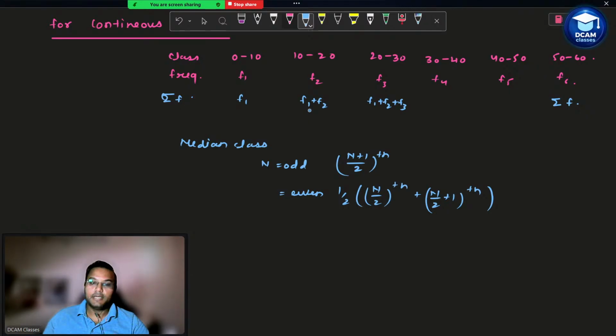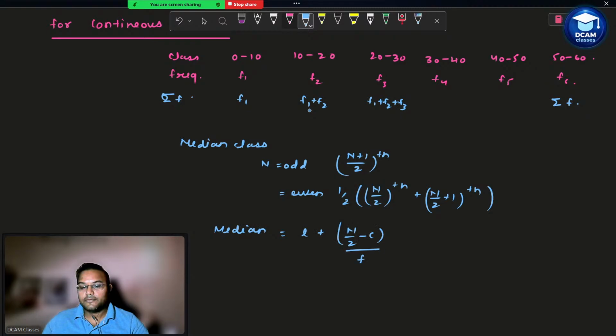Now the median formula, you already know how to find the median. In this case the formula is L plus (n by 2 minus C) divided by f, into i. And n is the sigma fi.